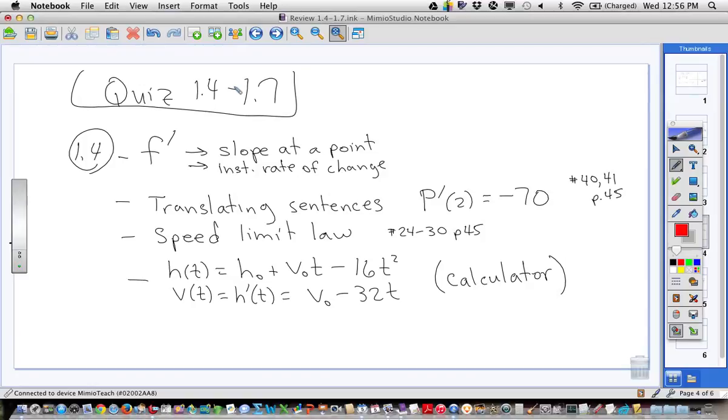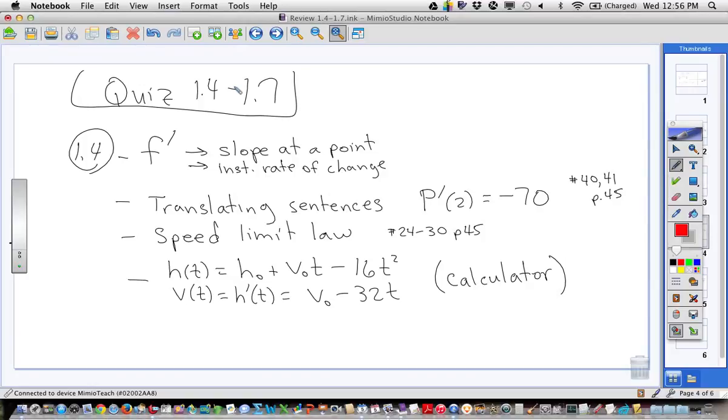Okay? For example, if you remember that car going east of Bismarck situation, P prime of 2 equals negative 70, put that into words. At 2, that's right.